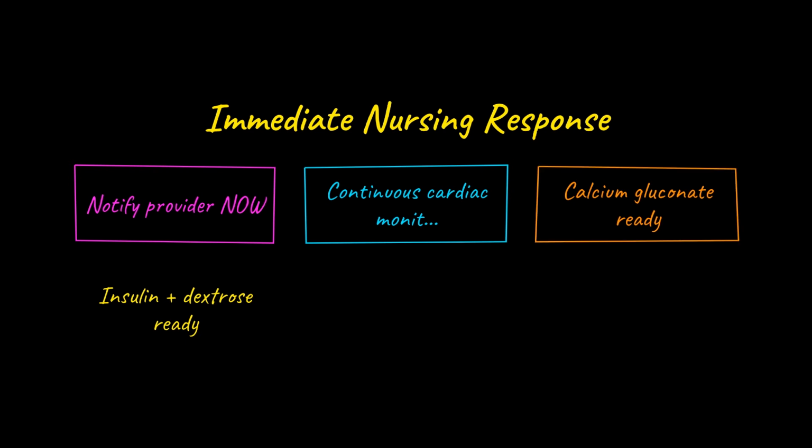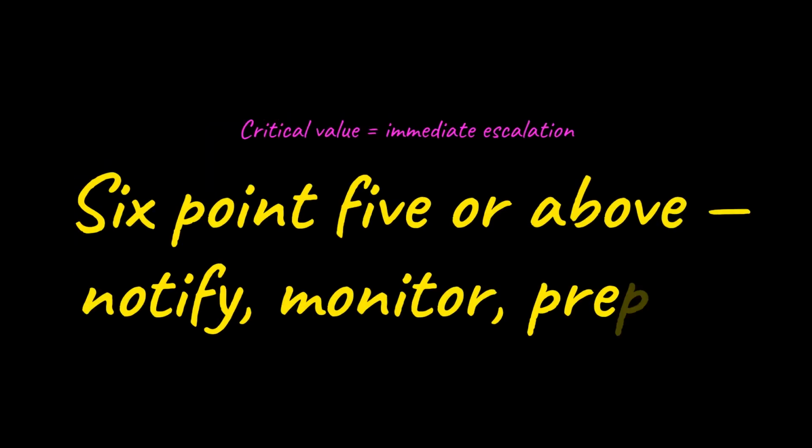Calcium gluconate stabilizes the cardiac membrane. Insulin with dextrose shifts potassium back into cells, buying time while definitive removal therapies are arranged. A potassium of 6.8 in a patient who feels fine is still an emergency. The lab value is the early warning the patient's symptoms cannot provide. Notify, monitor, and prepare every time.